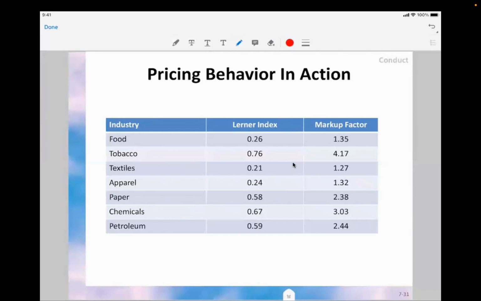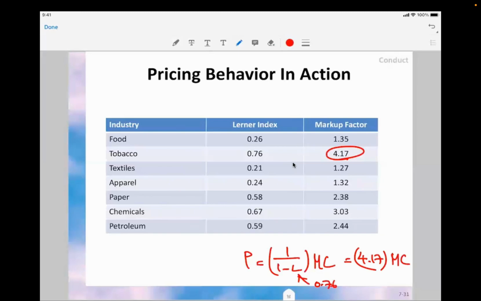Whereas in the tobacco industry, $1 marginal cost leads to $4.17, right? So this is basically the markup factor here. Because again we had 1 over 1 minus L multiplied by marginal cost, that's the price. And when you put 0.76 instead of L, we have 4.17 times marginal cost.